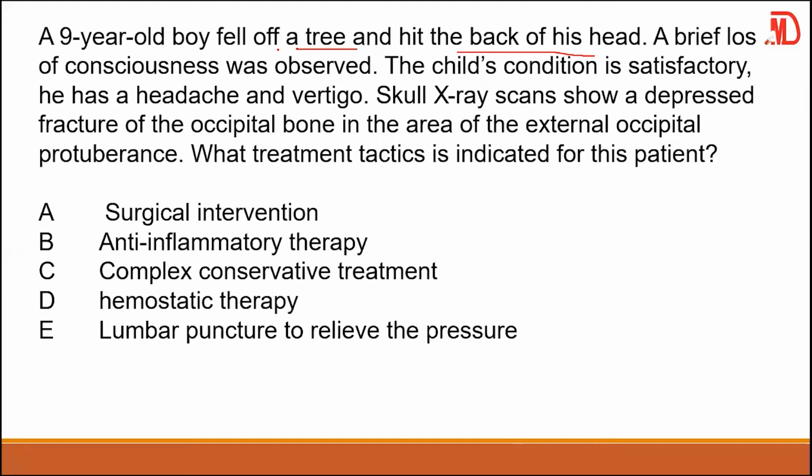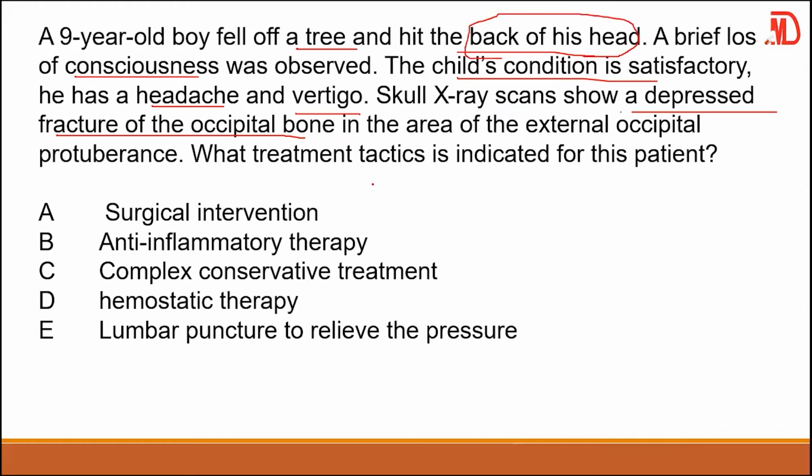Let's continue. Now they said there's a brief loss of consciousness. Condition is satisfactory. Headache and vertigo are there. X-ray scan showed a depressed fracture of the occipital bone. So again, this is the back of the head, the occiput area.